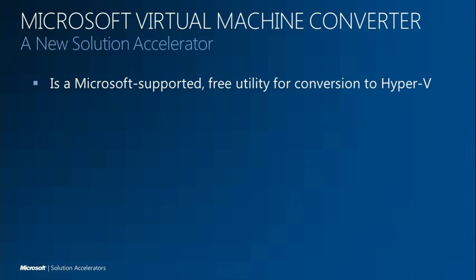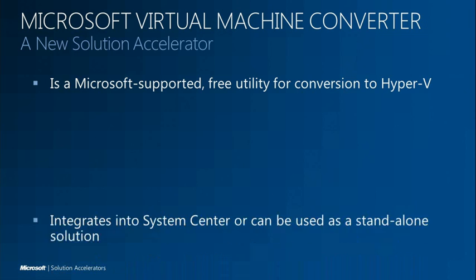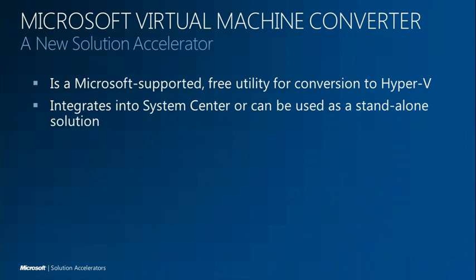Simply put, MVMC is a utility that allows you to take VMware virtual machines and migrate them to Hyper-V virtual machines. Nothing more, nothing less. One of the things we believe is truly effective about it, however, is that you can use it from within System Center automated workflows. It has a command line interface, which can be invoked from PowerShell.